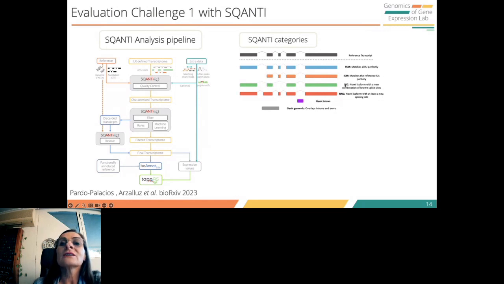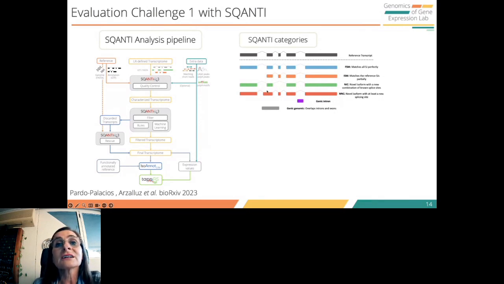We say there are novel in catalog transcripts to those that are novel combinations of existing donor and acceptor sites. For example, here we have a novel exon skipping, if you wish. So this splice site is in principle novel, but is using donor and acceptor sites that are in the reference. So this is a novel in catalog.